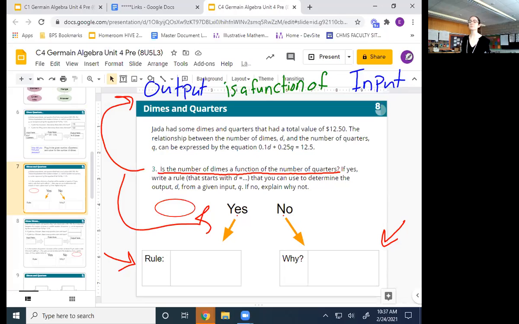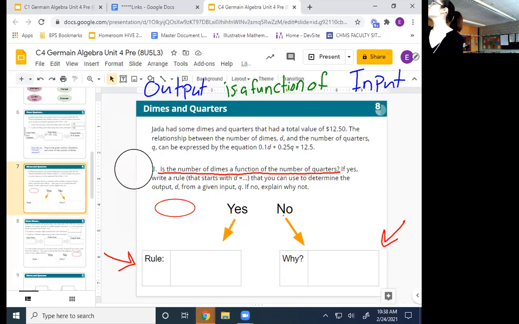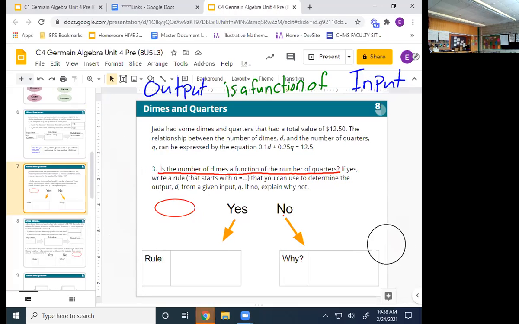Nice job, Claire de Lune. Is this a true statement? The number of dimes is a function of the number of quarters. I got Claire giving me an answer. I want to see what everybody else thinks. Is that a true statement, the one that's underlined in red?